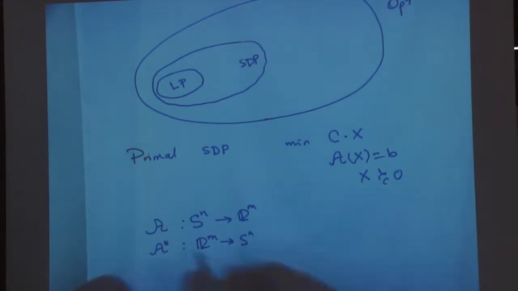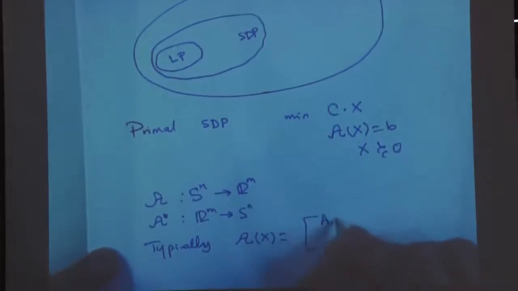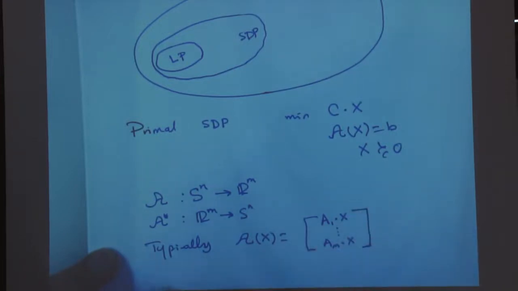Maybe I could be more explicit here. So typically, A of x is defined in terms of a bunch of matrices, A1 dot x up to Am dot x. If this happens, then A star of y, the adjoint, is the sum of yi Ai, for i equal 1 to m.